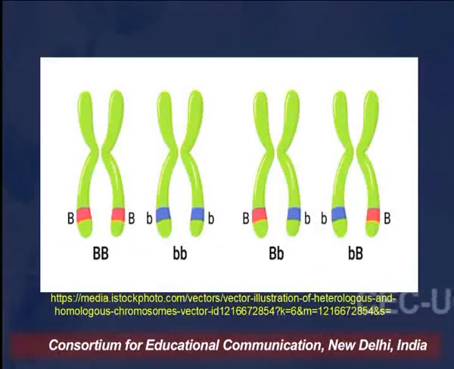On the screen, you could see a homozygous individual, and the heterozygous ones are capital B small b, or it could be the other way around, small b and capital B. There is another very interesting situation, which is hemizygous.